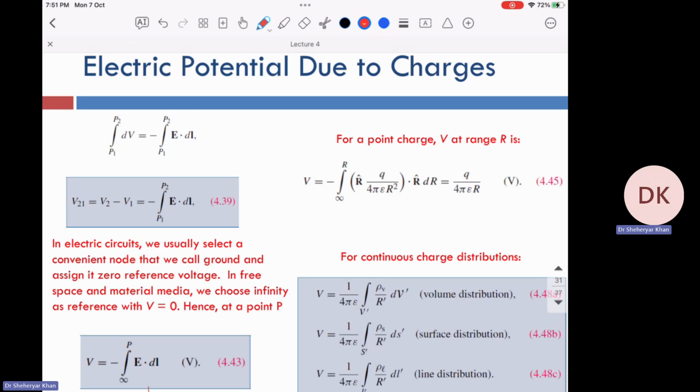If this R is infinity, what is the voltage? 1 over infinity is 0. That means if you are far away from the charge, you will get 0 voltage. Now, this is also a very important formula because it gives you the relationship between charge and voltage.